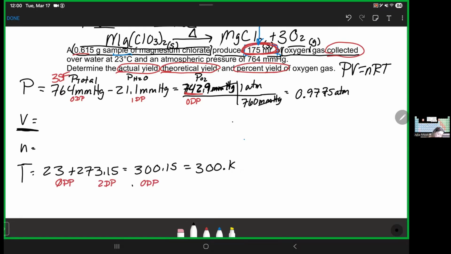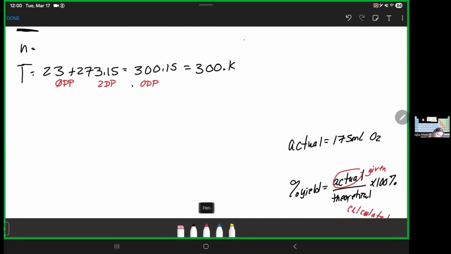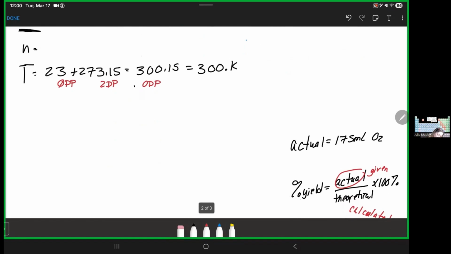Okay, so now I pulled all of my information except for that solid. Well, we're looking for percent yield. We've been given that volume, so our theoretical yield is also going to be in milliliters.